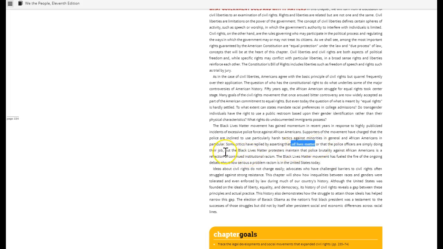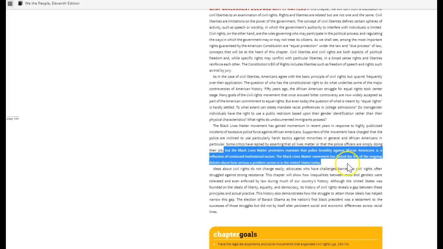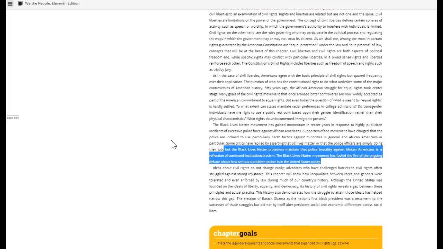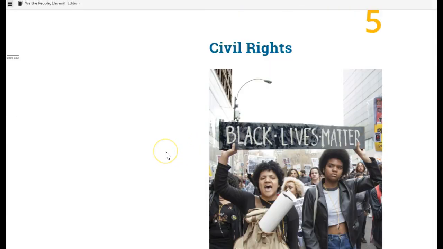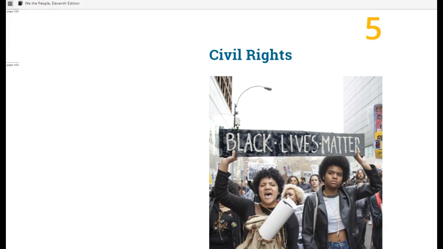But then it says the Black Lives Matter protesters maintain. So, I mean, it's just obviously spun in a way favorable to the Black Lives Matter movement. And it's just one of the things that was a cause for concern.